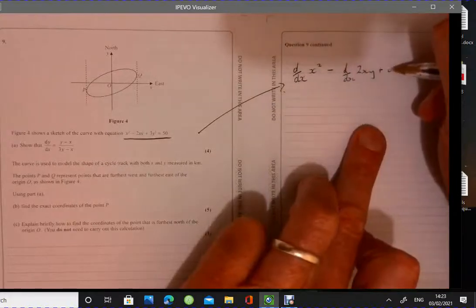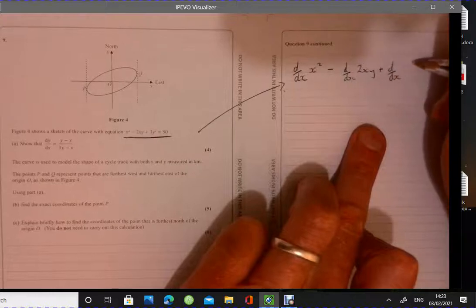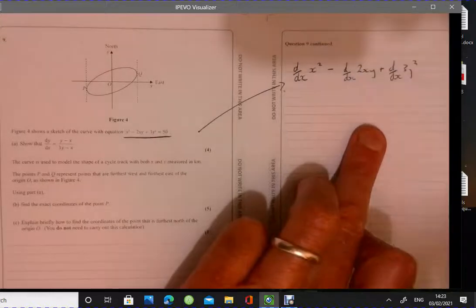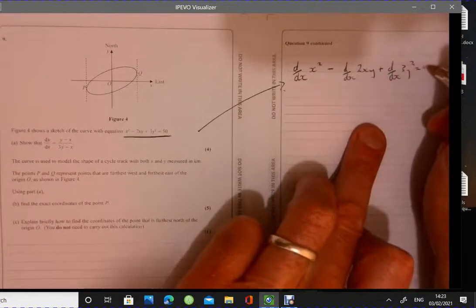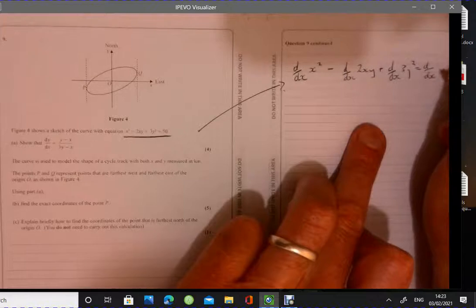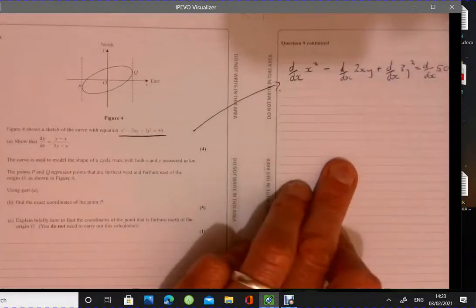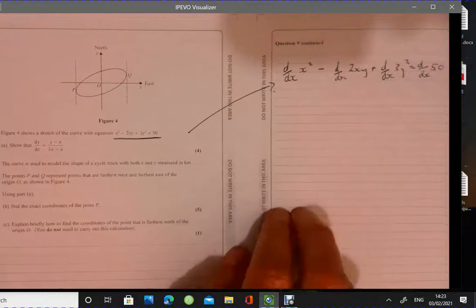So plus d over dx of 3y squared, and then the last bit is going to be, again, differentiate 50.